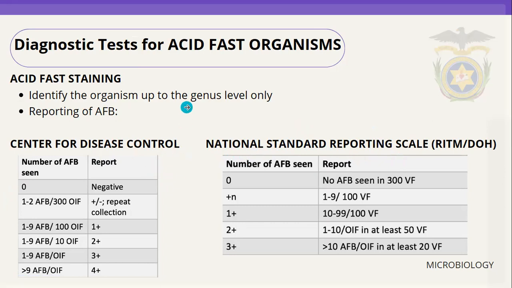I want you to take note of their differences and how they report and grade AFB seen per visual fields.